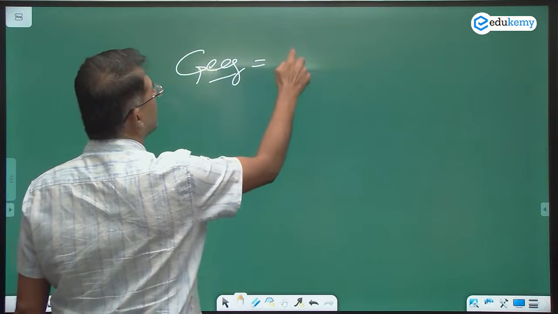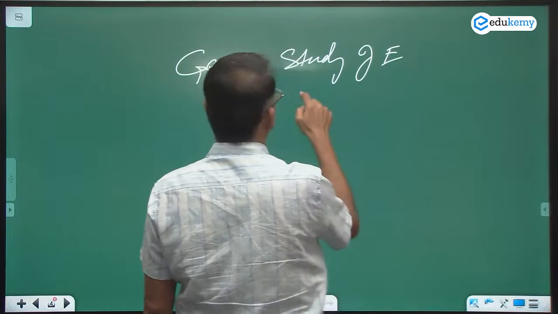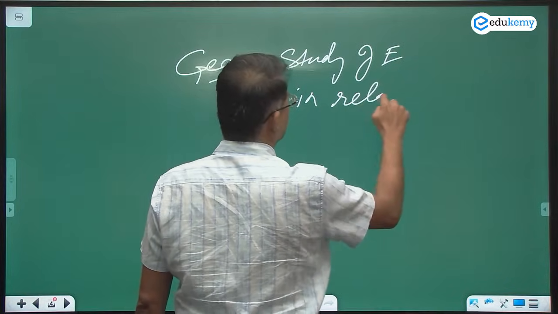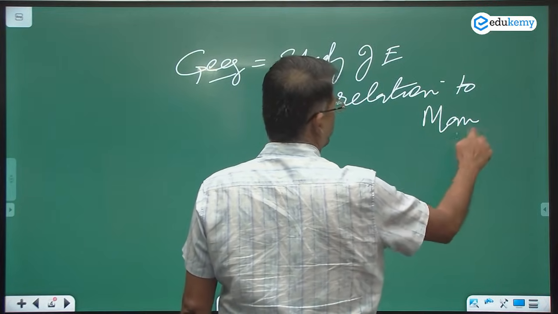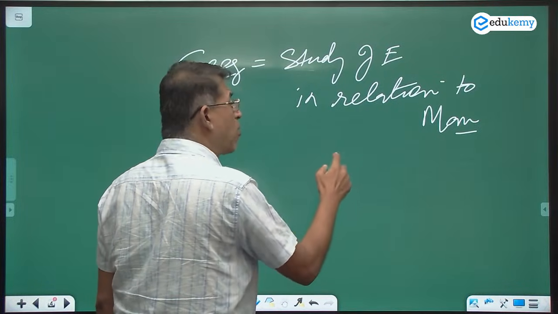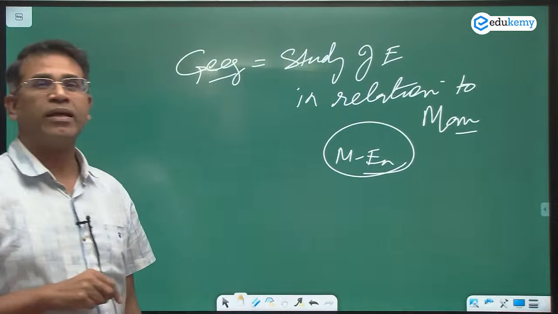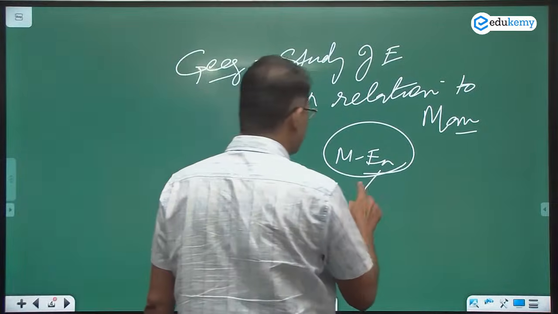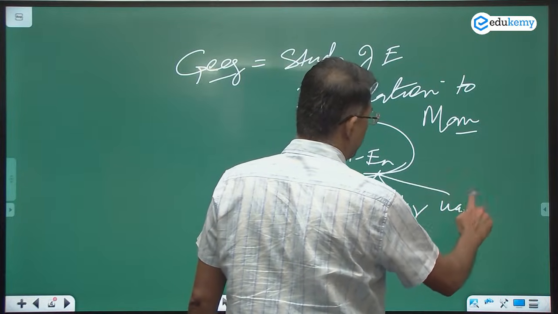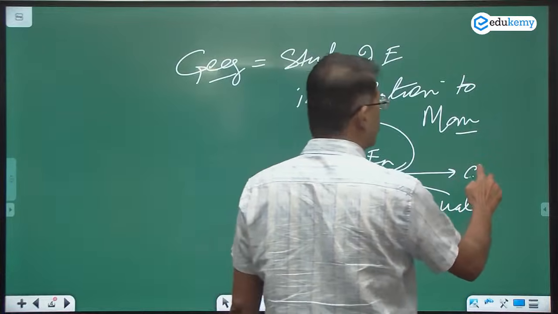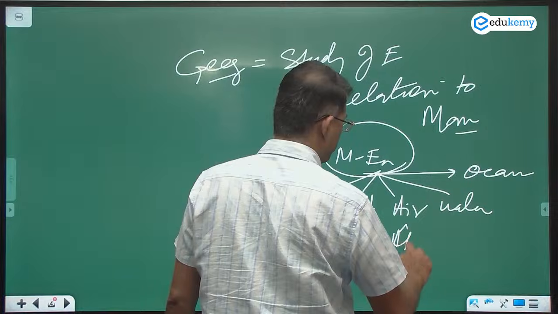Geography is essentially the study of Earth in relation to man. So, geography में एक very important theme is man-environment relationship. And when I say environment, I mean the land, the air, the water, the oceans.